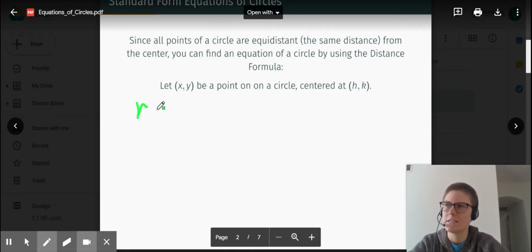So the distance, the radius, would be equal to the square root. It's going to be a big square root.